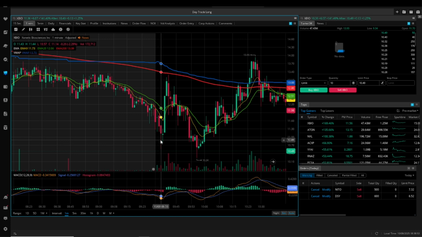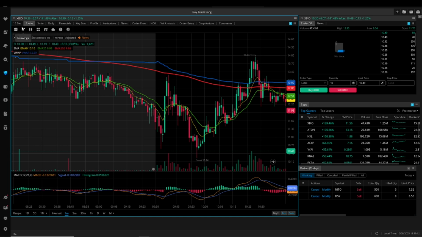So right here, between this candle and this candle, I bought it. I bought it for 10.82. So this is 11.20 still. So I think I bought it right here.